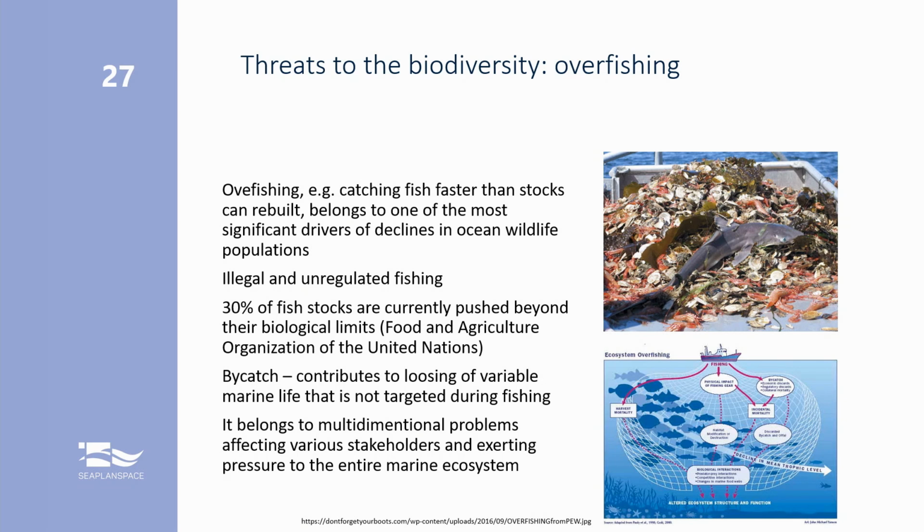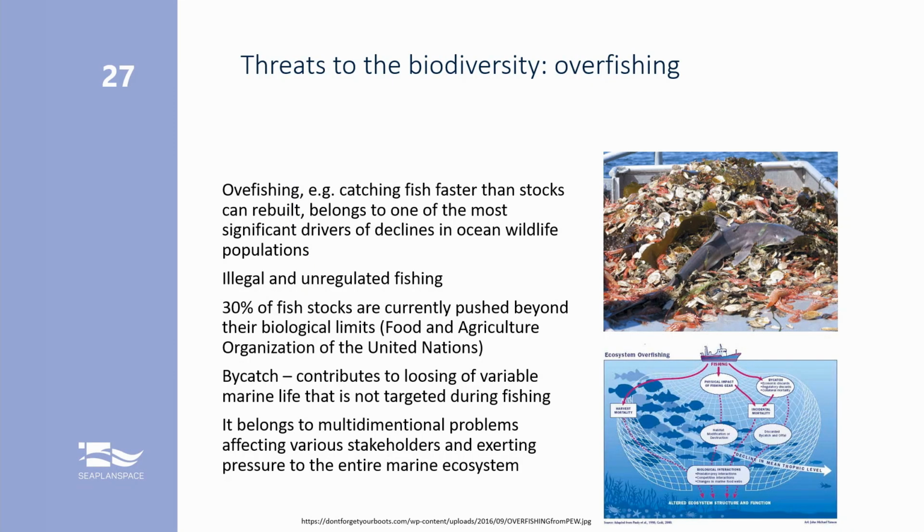Specifically here we're talking about parasites. Another problem with fishing is bycatch, which contributes to the loss of marine life. This is pretty much everything that is not targeted during fishing. Therefore, overfishing belongs to the multidimensional problems, and it affects various stakeholders.